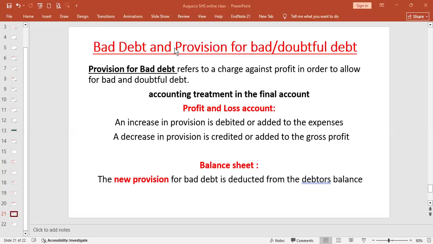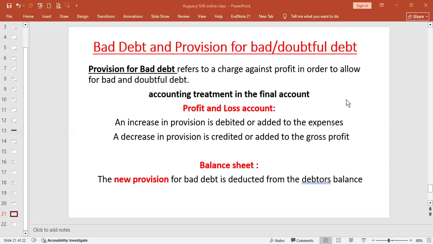Then it's prudent that we set part of that profit we have made this year against those future possible bad debts. Okay. So that if any of your debtors unfortunately dies, at least you have some of your profit to keep pushing the business.